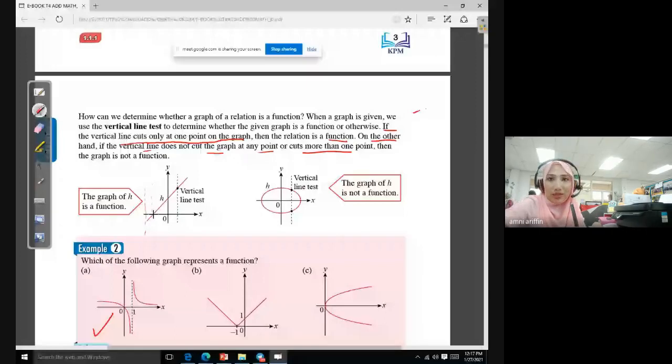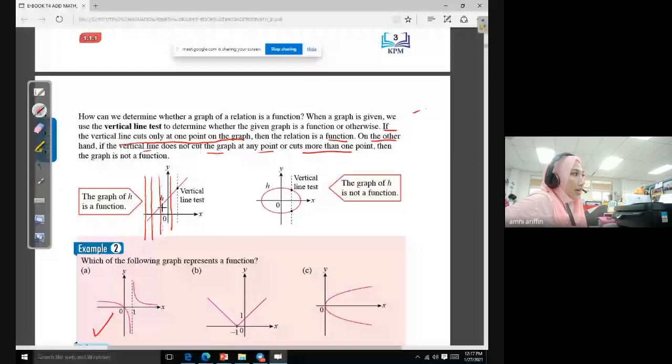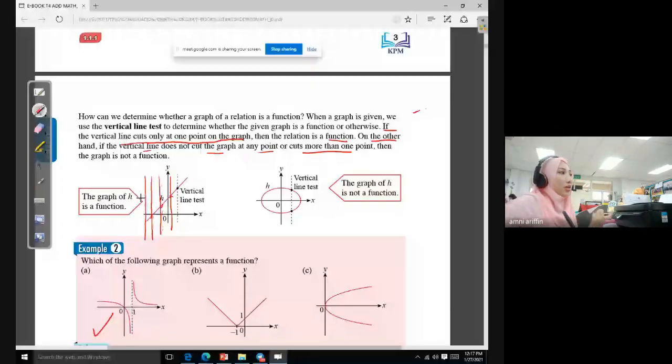Jika kamu perhatikan, all the vertical lines that I drew touch only at one point. Semua sekali vertical line yang saya lukis hanya menyentuh pada satu titik sahaja. So this one we call a function. Ini kita panggilkan sebagai function sebab dia cuma sentuh satu titik sahaja.